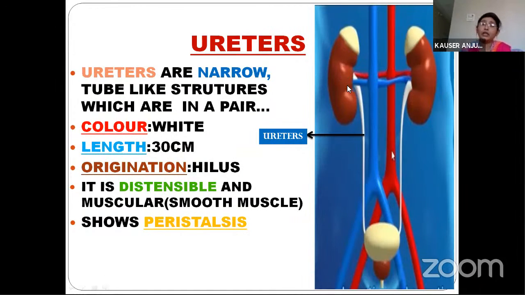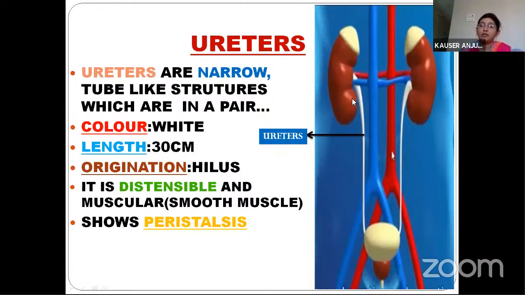Okay, in kidneys also there are several parts. So the actual origination of ureter is the hilus. In previous session, I have explained what is hilus, isn't it? Kidneys have two surfaces. The outer surface is convex in shape, and the inner surface is concave in shape.